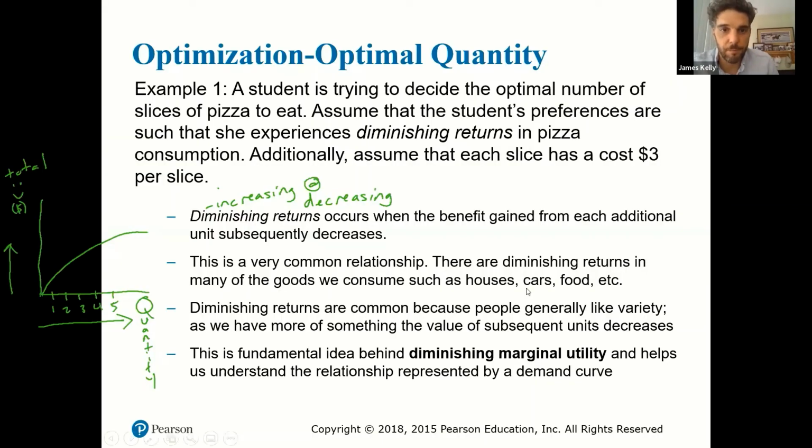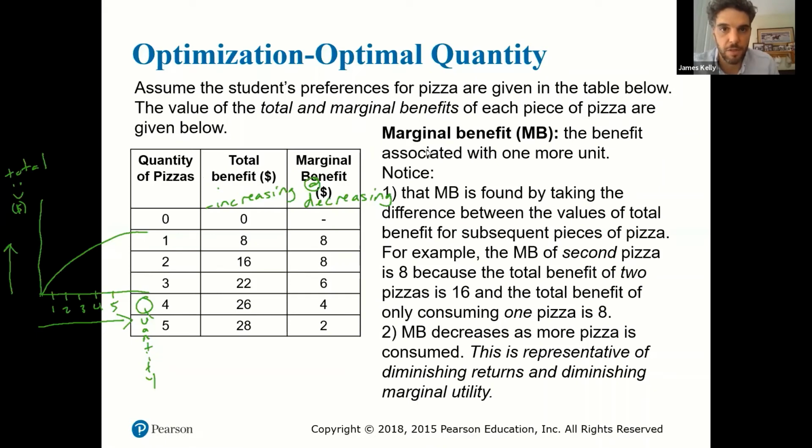So if we take a look at this next slide, the student's preferences in our example, we're talking about pizza, are specified such that she experiences diminishing returns in pizza, meaning as she eats more slices of pizza, yes, her total happiness, her total benefit of consuming each one of those pieces of pizza goes up, or better said, the total benefit of consuming those pieces of pizza increases overall.